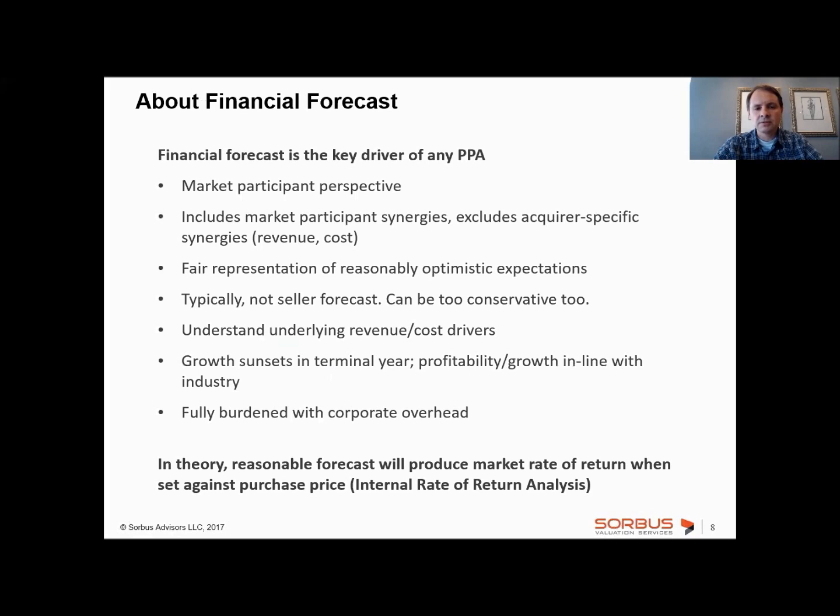So in the process of developing the financial forecast and working through this project, you have to identify or document people or entities who submitted a bid or participated in trying to buy the target. And if there was nobody else, then you have to create a list of hypothetical purchasers of the target.